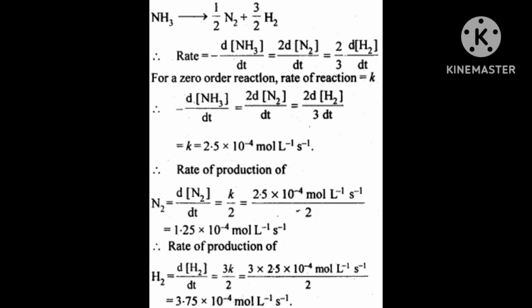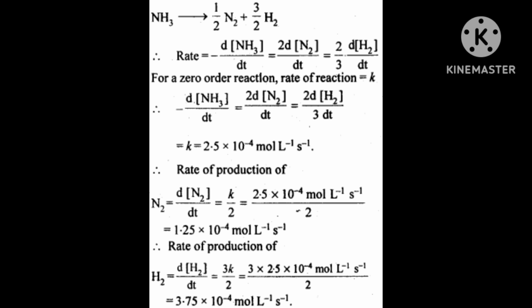Here just one thing you should know: all natural and artificial radioactive decay of unstable nuclei takes place by first order kinetics. A question is asked on this.